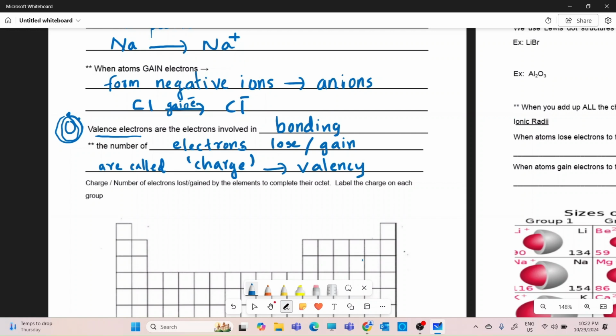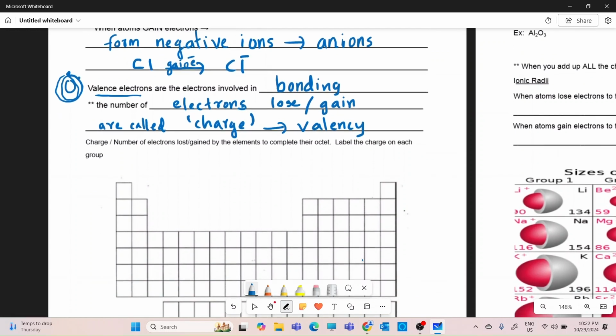If sodium is losing one electron, we can say the charge is +1 or the valency is 1. If magnesium is losing 2 electrons, we can say the charge is +2 and the valency is 2. So you are going to label the charge for all elements in the periodic table. This is group 1.